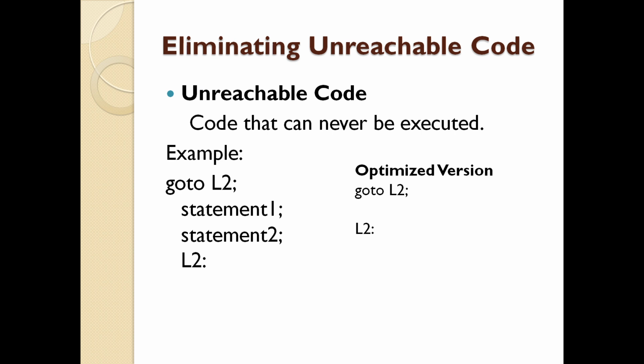Here, go to L2. The control transfers to label L2. As a result, statement 1, statement 2 are skipped completely. No execution path reaches these statements. Therefore, they become unreachable. Since the two statements can never execute, the compiler removes them. So this reduces code size and simplifies the program.